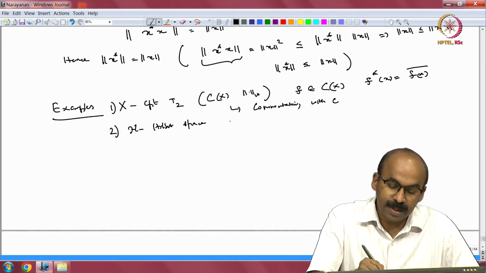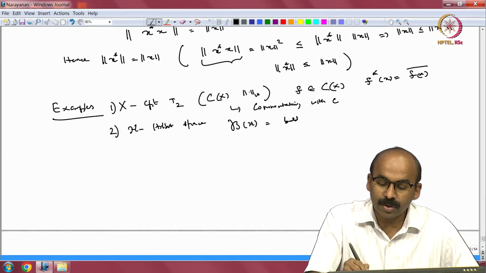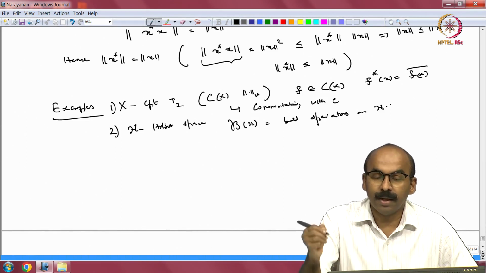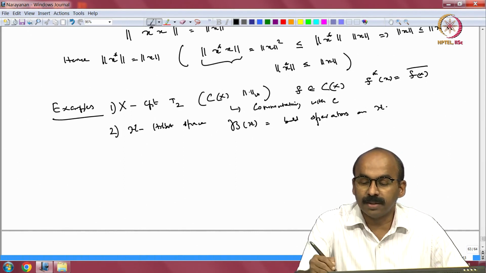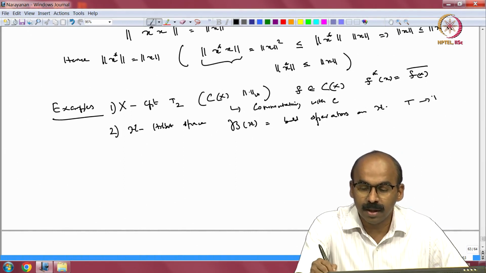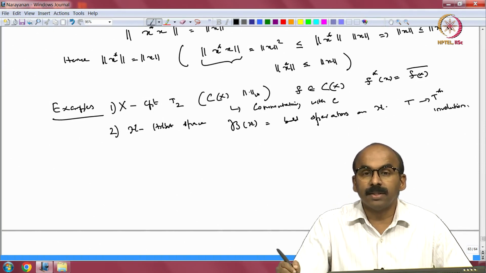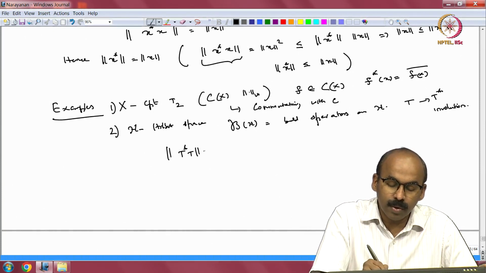So, you take a Hilbert space and look at B of H, the bounded operators on H, right, and there is a natural involution there, T going to T star. And then from functional analysis you know that norm of T star T is equal to norm T square, right.